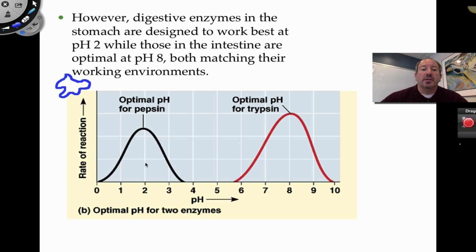And look at this: in an acidic environment, the acid changes the shape, and so it changes it to a good working enzyme. Whoa. So that's pretty interesting. Ready for this? I won't go too far with this, but the gene that's coding for the primary sequence is deliberately making a dysfunctional protein. When the acid changes the shape, it changes it for the best. So this is the optimal pH for pepsin.